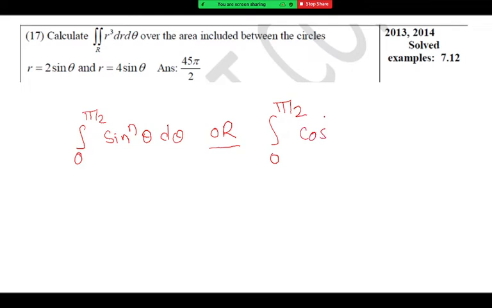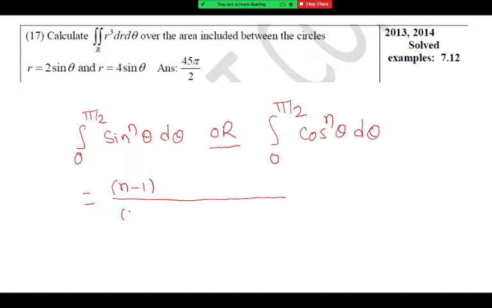Whenever we come across the integral 0 to pi by 2 of sine raised to n theta d theta, or the integral 0 to pi by 2 of cos raised to n theta d theta, the value of that integral starts with n minus 1 in the numerator and n in the denominator.